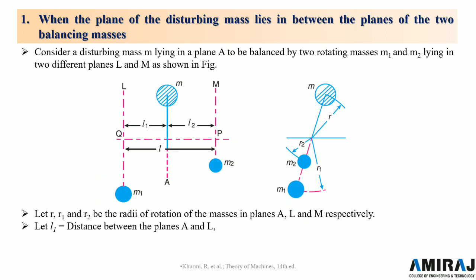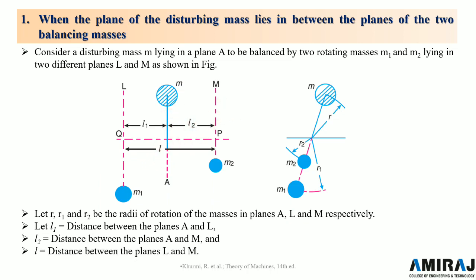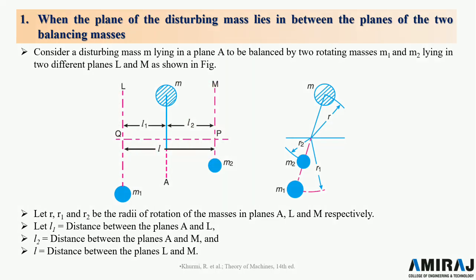Let L1 be the distance between planes A and L. L2 is the distance between planes A and M. And capital L is the total distance between plane L and plane M.